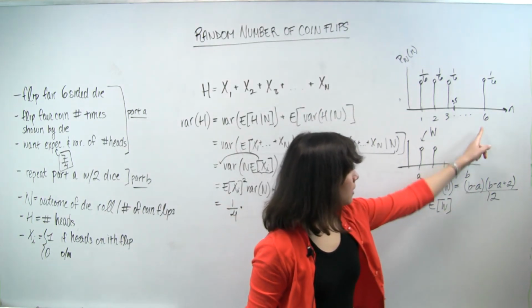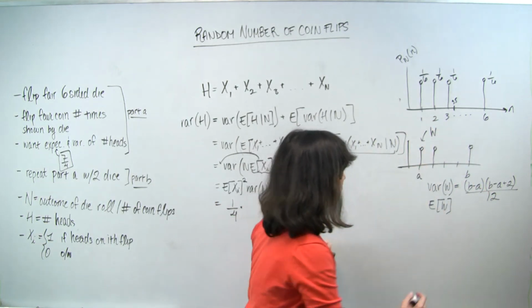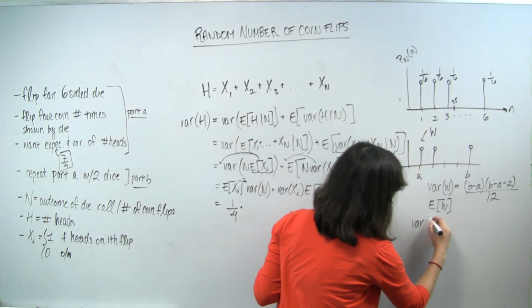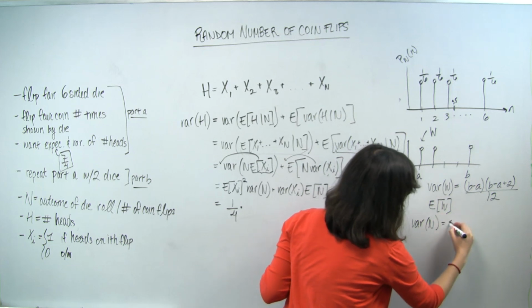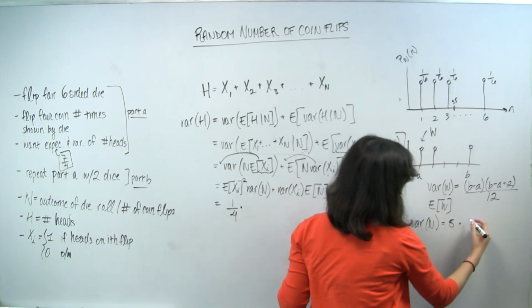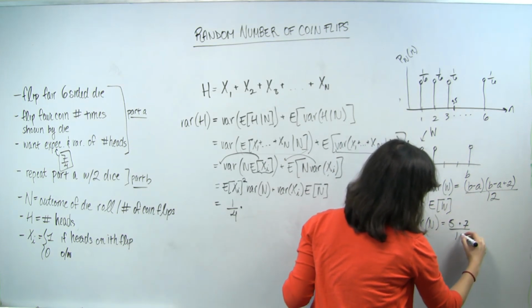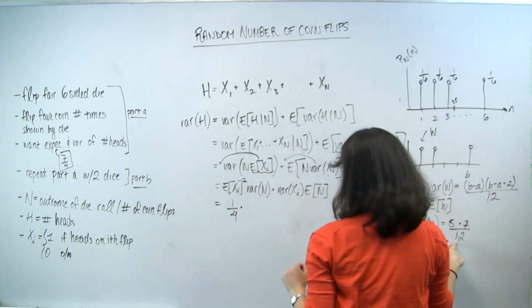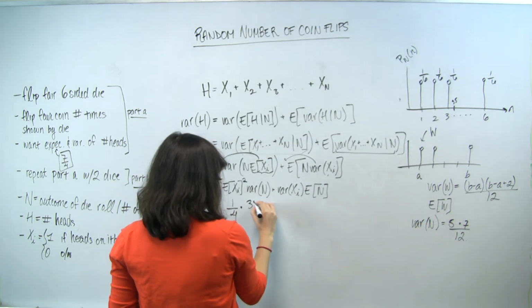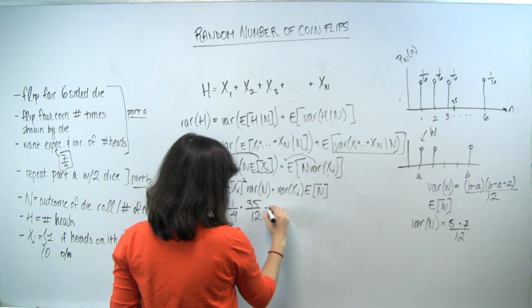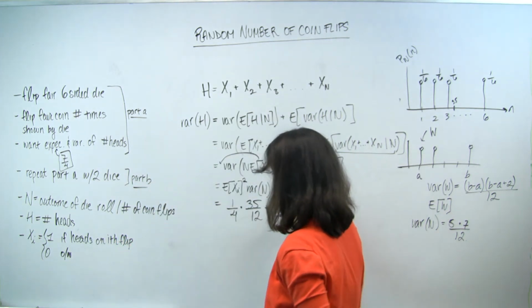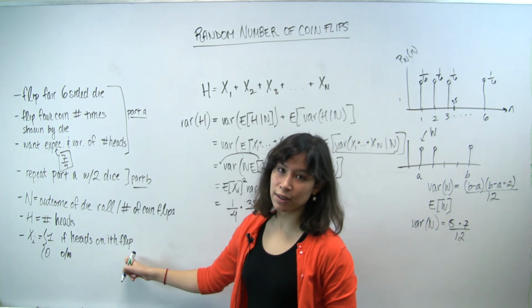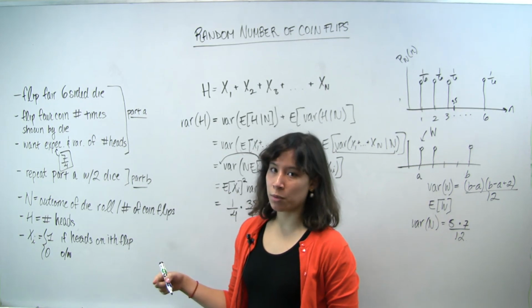So that's where this formula comes in handy. B is equal to 6, a is equal to 1. So we get that the variance of n is equal to 5 times, and then 5 plus 2 is 7, divided by 12. This is just a formula from the book that you hopefully remember. So we get 35 over 12. And then the variance of xi, we know the variance of a Bernoulli random variable is just p times 1 minus p.